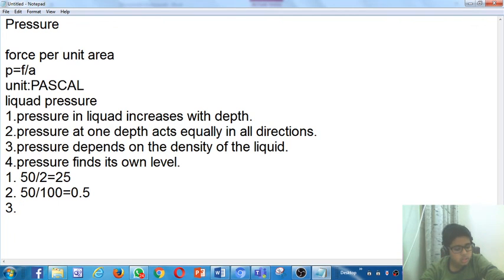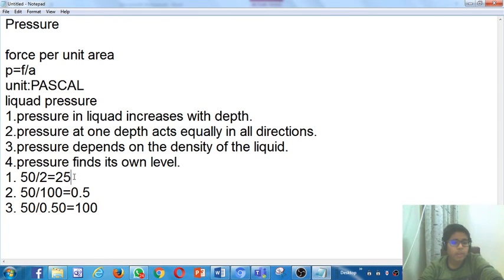Here the area is 0.50. Tell me what this is if I put it in this formula. Force. No, we are putting it wrong. 50 is the force, over 0.50. So 50 divided by 0.50 gives us 100.